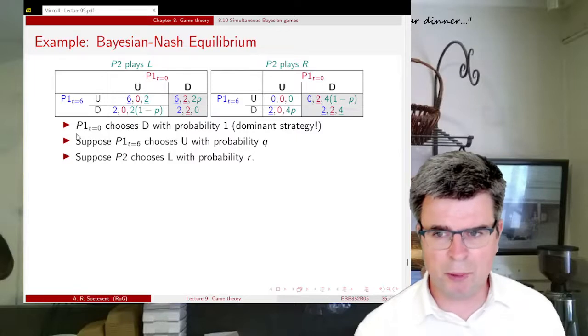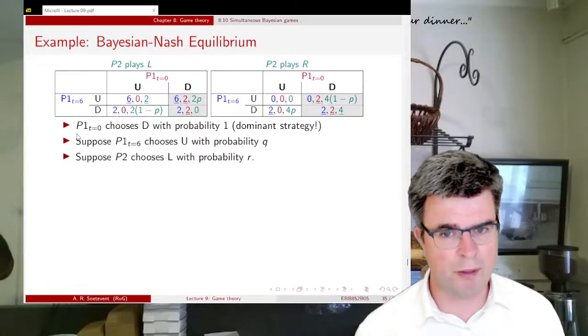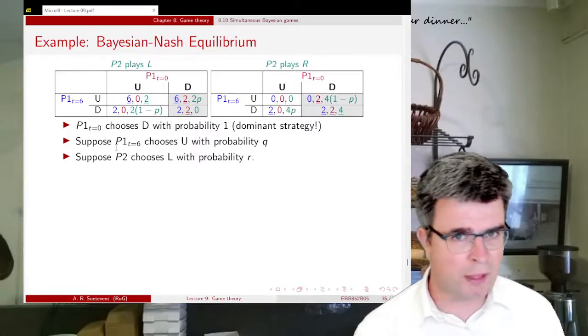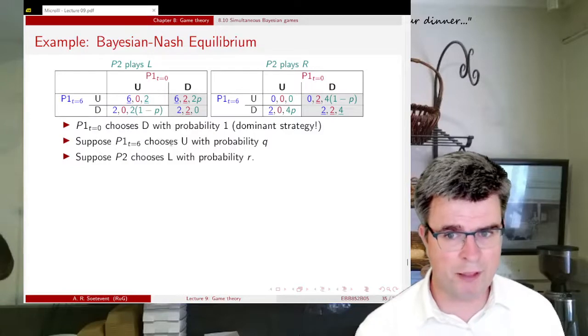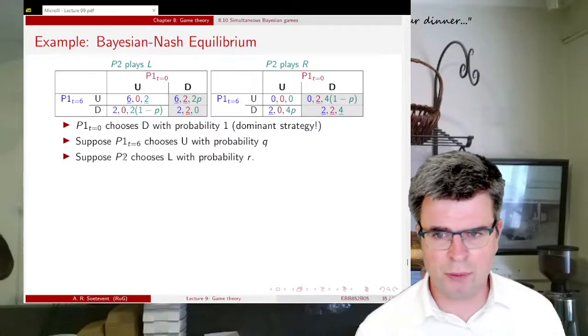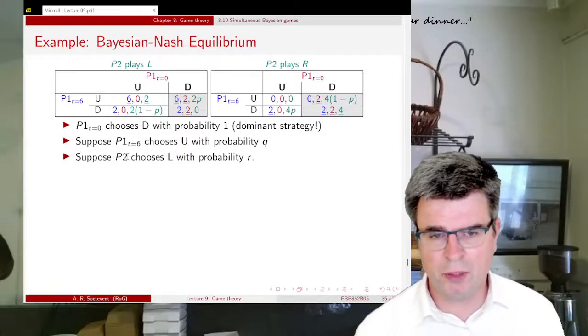So now suppose that player 1, if he's of type T is 0, will choose D with probability 1. And suppose that when this player is of type T is 6, he will mix and he will choose up with probability Q. And player 2 will also mix and he will choose left with probability R. So then we get the following.